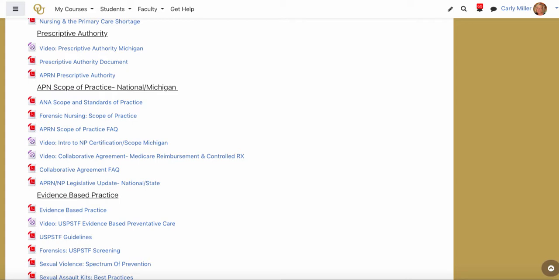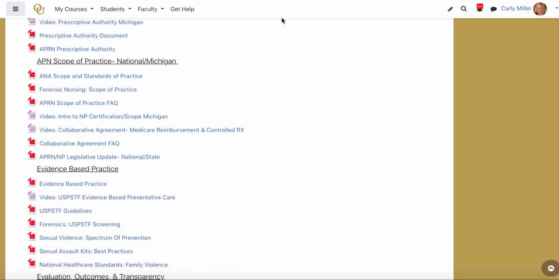Same thing if you want to write controlled scripts, you have to have a collaborative agreement with a physician. Other than that, as an NP, you can actually be very autonomous in Michigan. But there's little snags along the way, like with the Medicare reimbursement. And those are things that we need to be advocating for and working towards solving. Collaborative agreement, just frequently asked questions. You can just browse that.